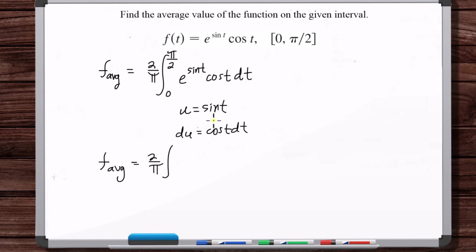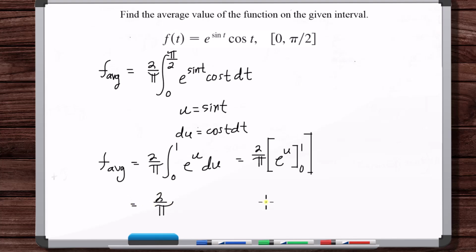When t is equal to 0, u is equal to 0. When t is equal to pi over 2, u is equal to 1. And then we've got e to the u du. Okay, so this is 2 over pi, e to the u evaluated from 0 to 1. So this is 2 over pi times e minus 1. And, you know, we can leave it like that. That's it.